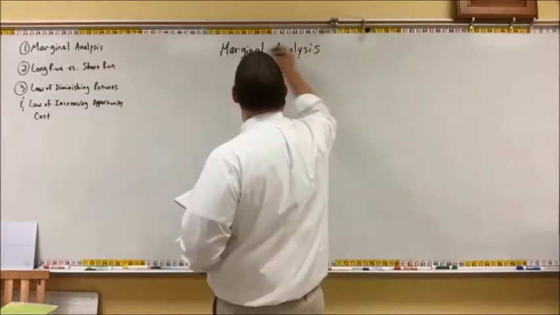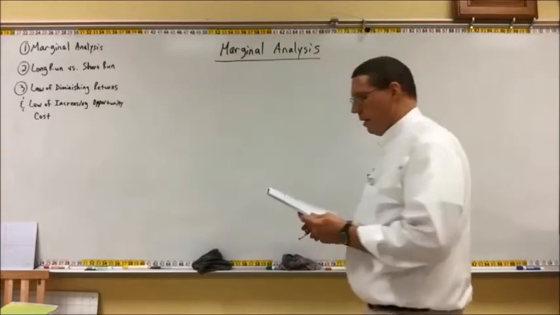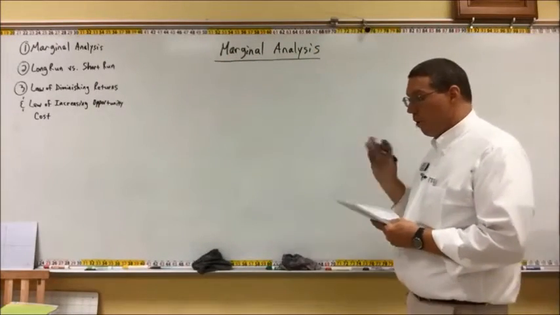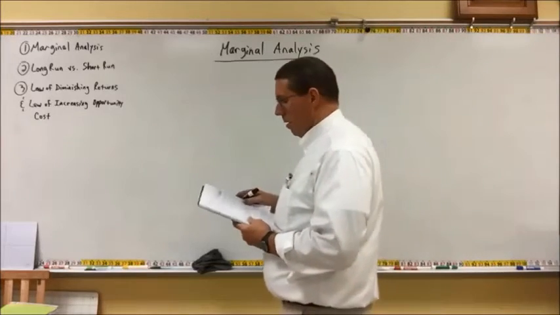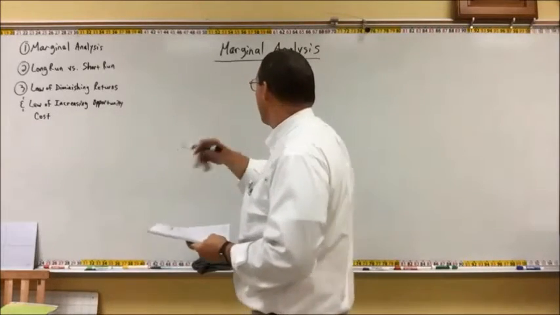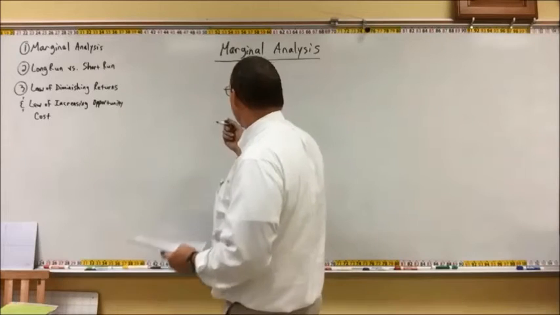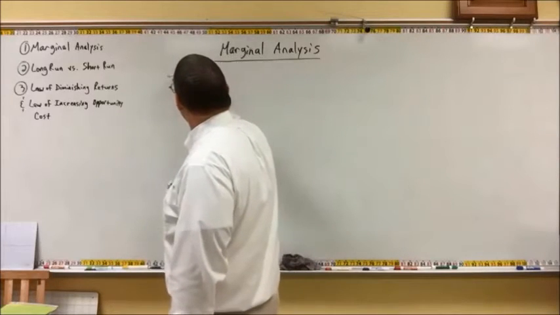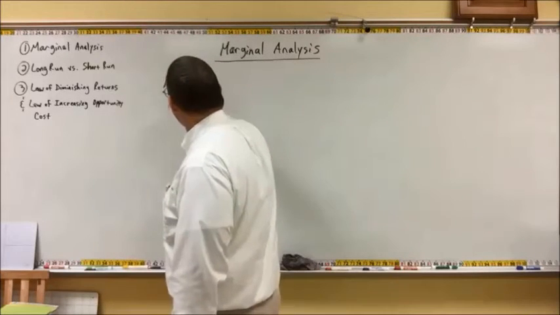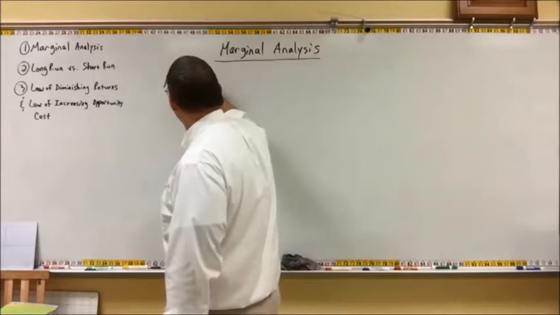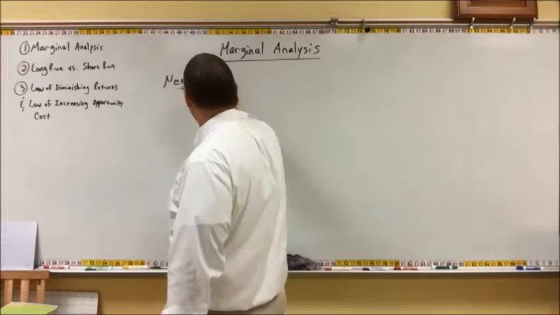Shall we? The idea in economics of marginal. In order to understand that, let's review something we talked about on day 1. We have net benefit, that's an N right there.